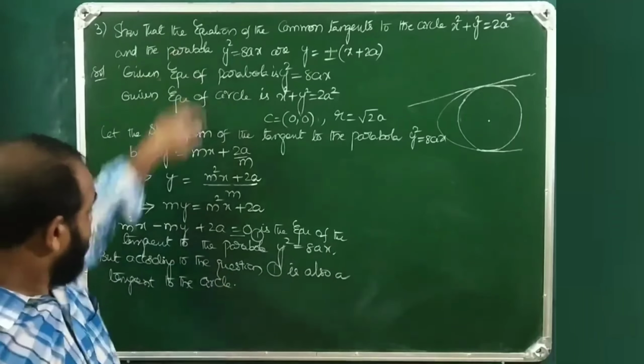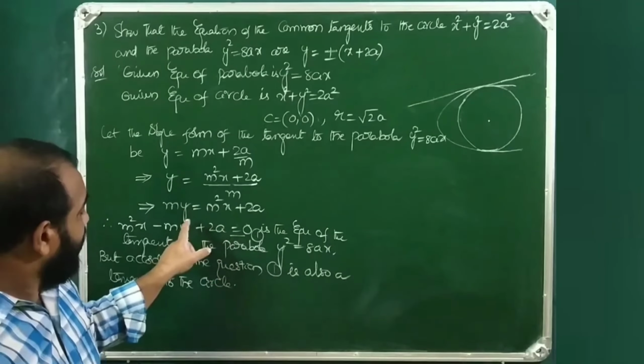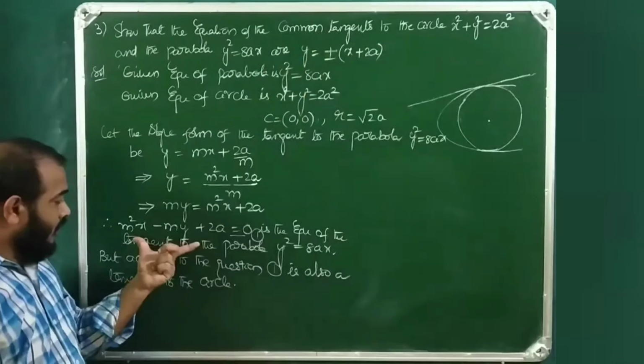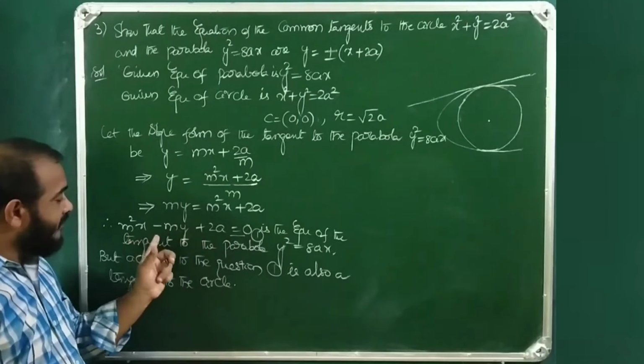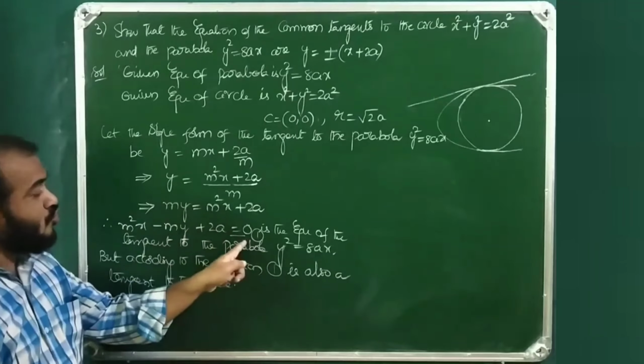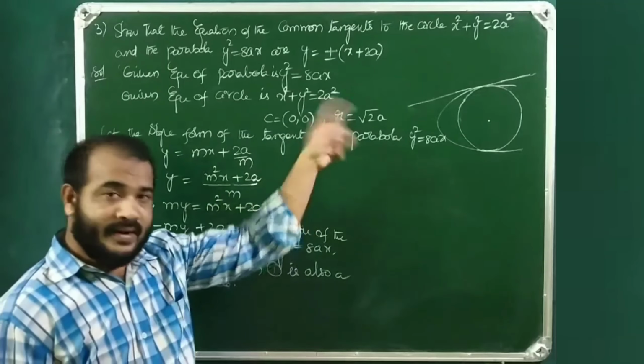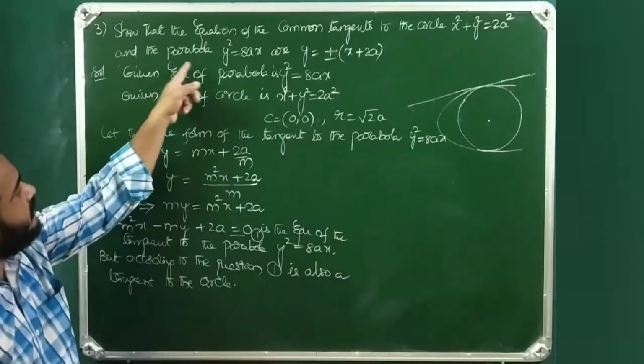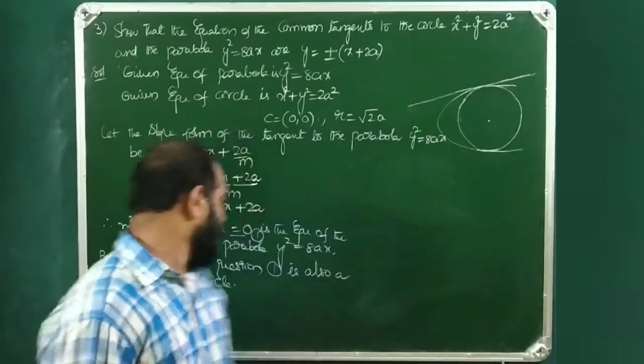Why? Because this line is also a common tangent to the circle. According to the question, m square x minus my plus 2a equals to 0, which is the slope form of the tangent to the parabola, is also a tangent to the circle x square plus y square equals to 2a square.